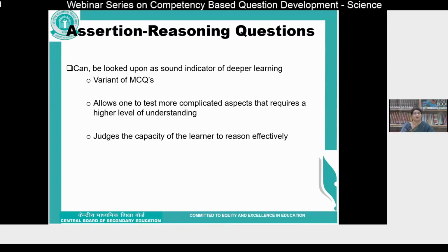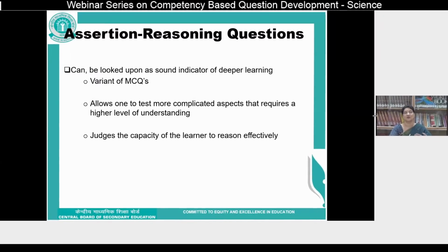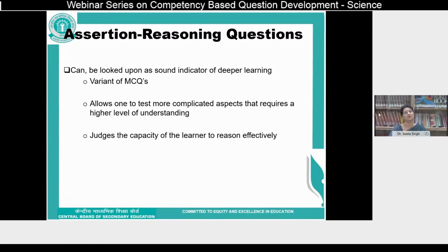I would also request you to encourage your students to first look at the assertion separately, the reason separately, assess whether each of them is correct or incorrect, and then try to correlate them with each other. It just takes some time, some practice to figure out these types of questions. And also, the number of these questions is going to be very few. So I think this is from me, Himlata ji. Thank you so much, ma'am, for your valuable inputs.